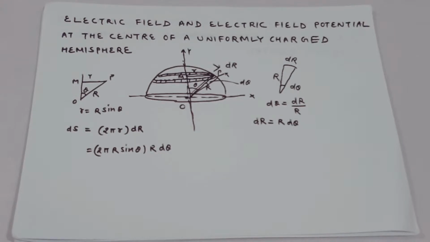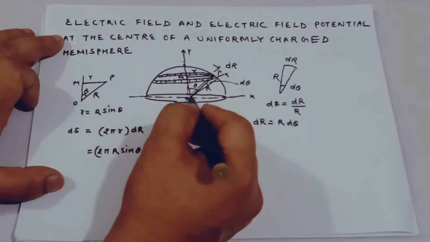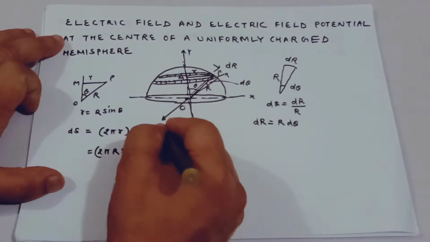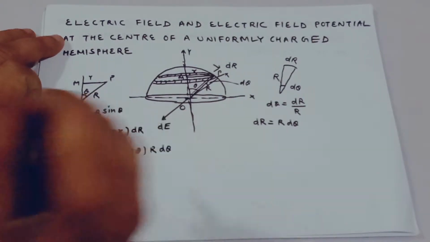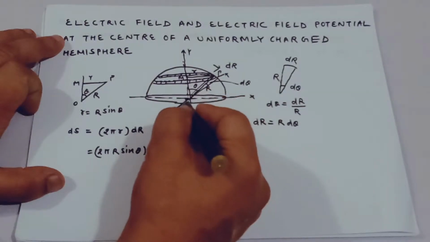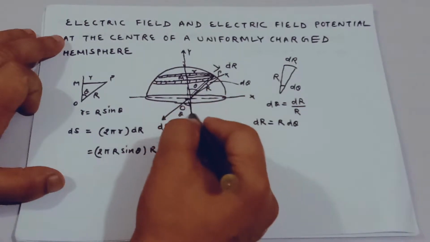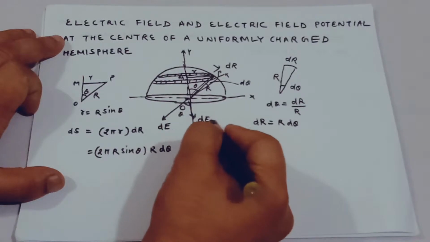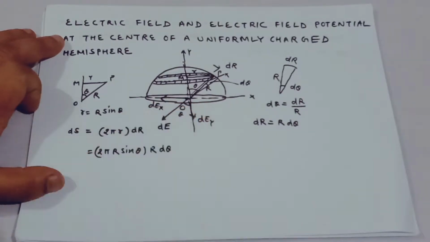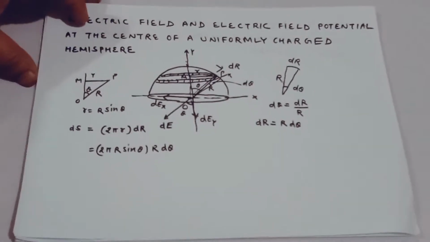Now what is the electric field at the center O because of this particular strip? Suppose that electric field is dE, and it can be resolved into two components. If this is theta, so that angle should be theta, and this is the electric field along the y-axis, and this is the electric field along the x-axis.